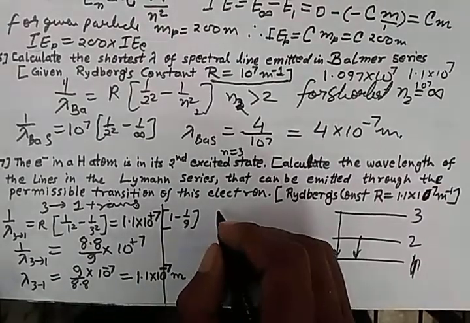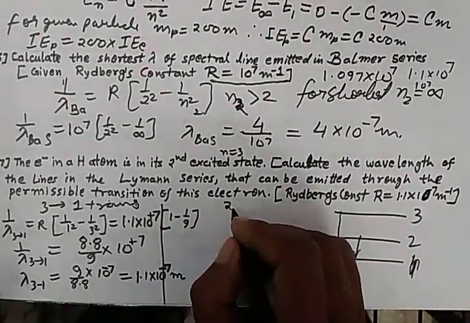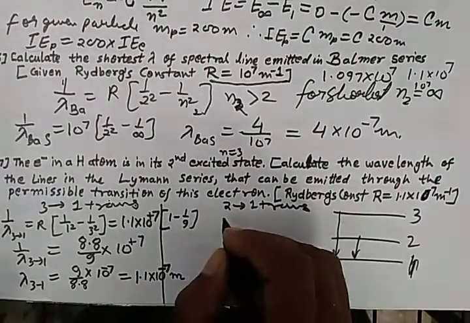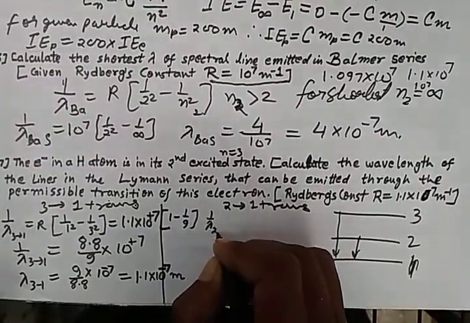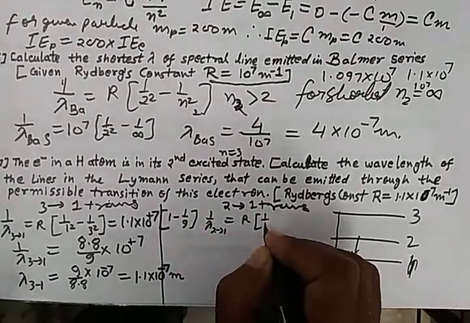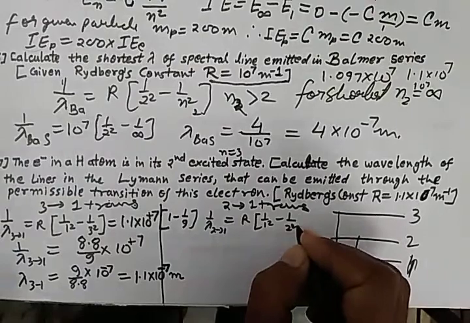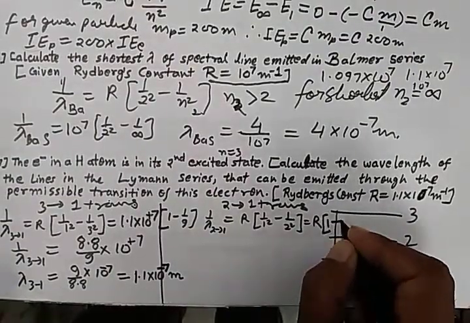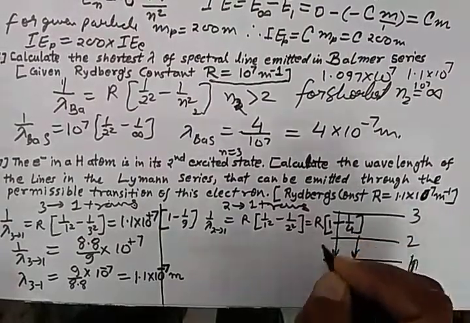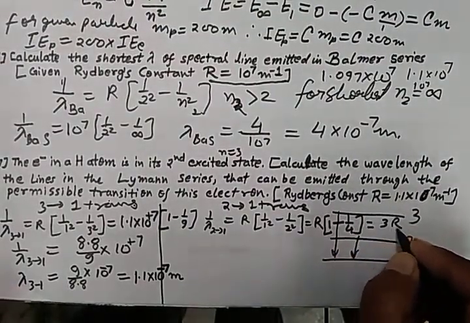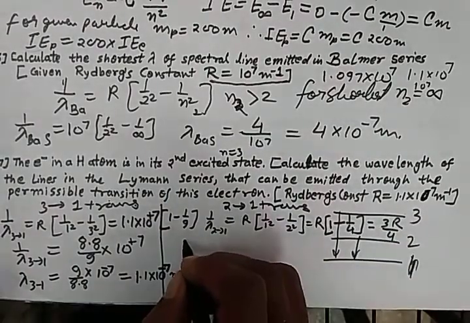Now second, for the 2 to 1 transition, 1 upon lambda 2 to 1 is equal to R, 1 by 1 square minus 1 by 2 square, that is R times (1 minus 1 by 4), that is 3 by 4, so 3R by 4. Now reciprocate it.